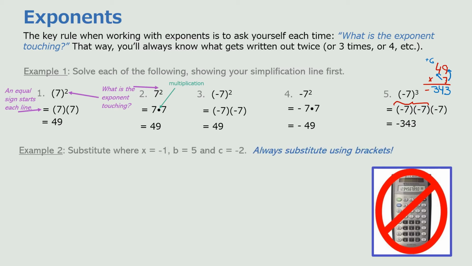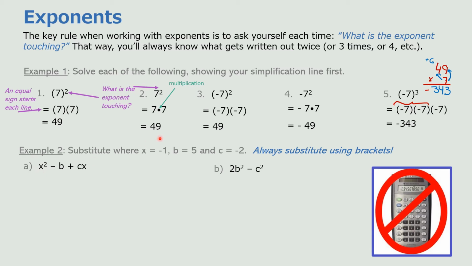Example 2, substitute where x is -1, b is 5, and c is -2. So one of the rules with math, just like up here we have these rules about writing our lines below all the time, always writing down and having equal signs on every line. Another rule is we always substitute using brackets. So when I start off with a question like this, and I have to substitute for x, b, c, I'm going to sub these numbers in with brackets because right here, for example, my x is supposed to be -1.